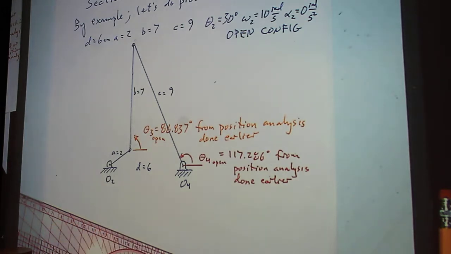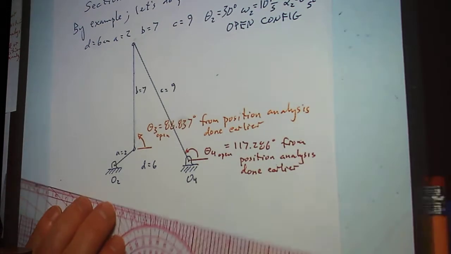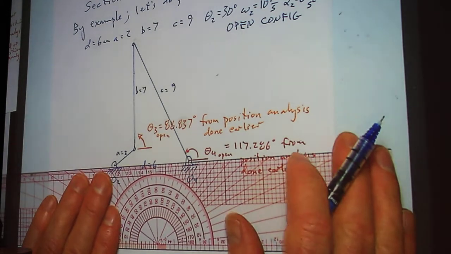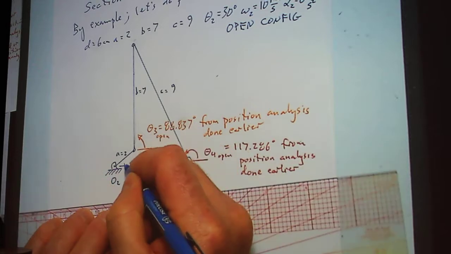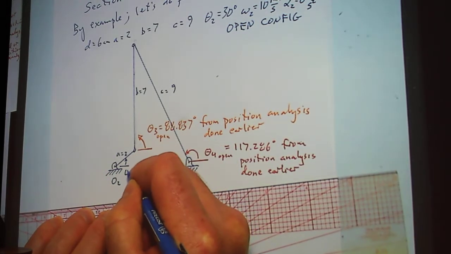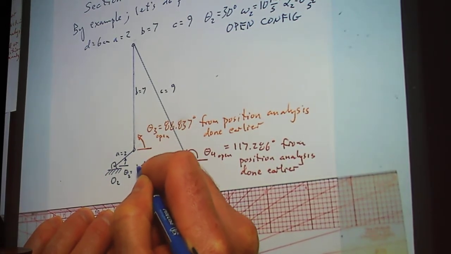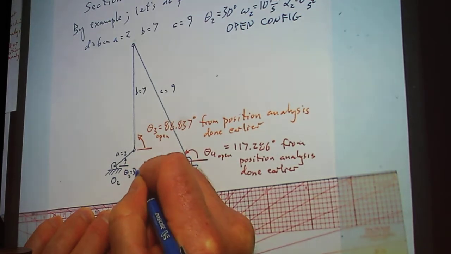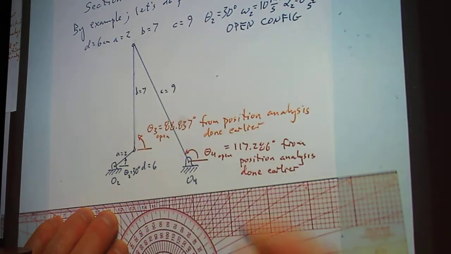All right. And this right here, I've got this in. So I'm going to go ahead and do that now, which is my theta 2 equals 30 degrees. All right.